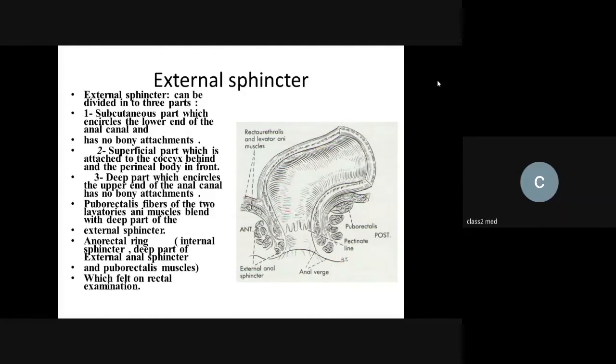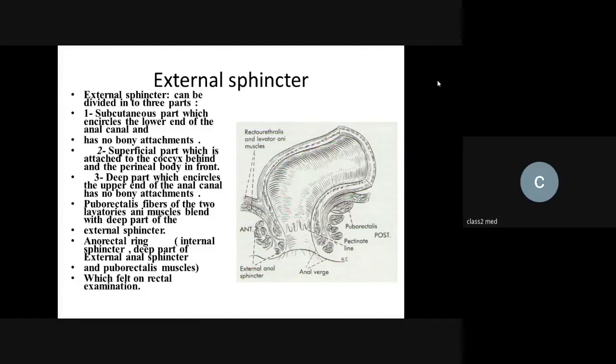The puborectalis muscle, and the fibers of this muscle, the two levator ani muscles, blend with the deep part of the sphincter. The external sphincter and the anorectal ring, the internal sphincter, deep part of the sphincter.